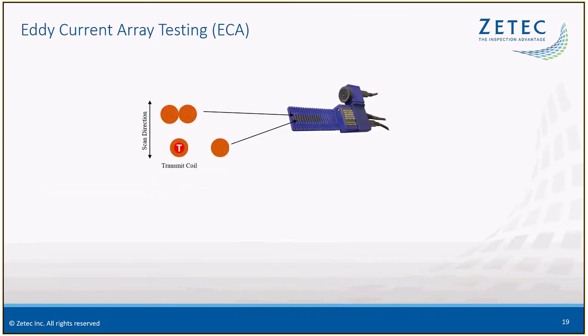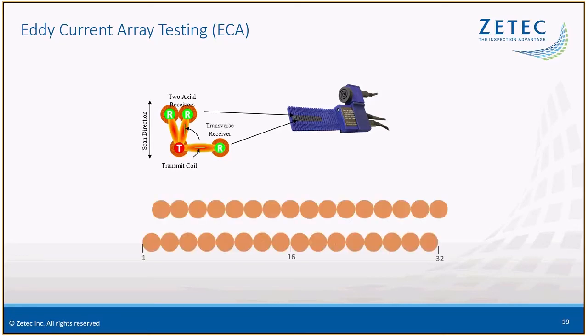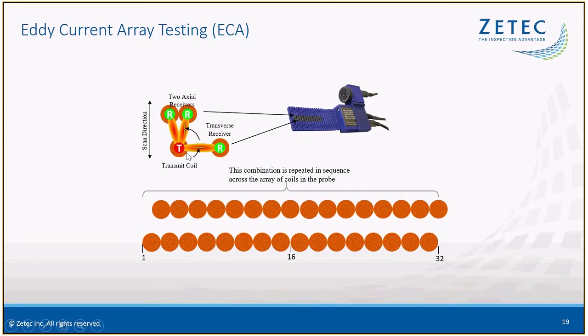So this is visually what's going on within the array. You have a transmit coil and 2 receive coils in that axial direction, which is the scan direction. If you have some type of indication in that direction, it'll be picked up by those signals. If you have an indication in the other orientation, you have a transmit and receive in the transverse direction, and that will pick up those orientation indications.